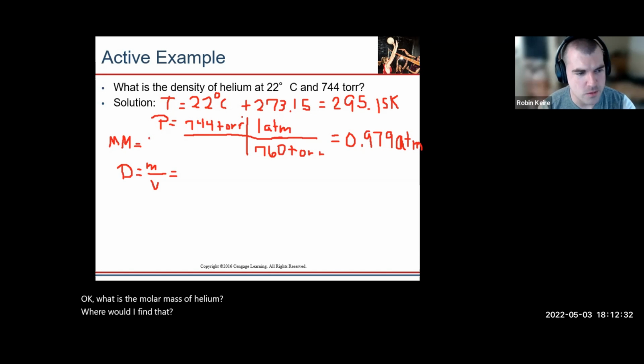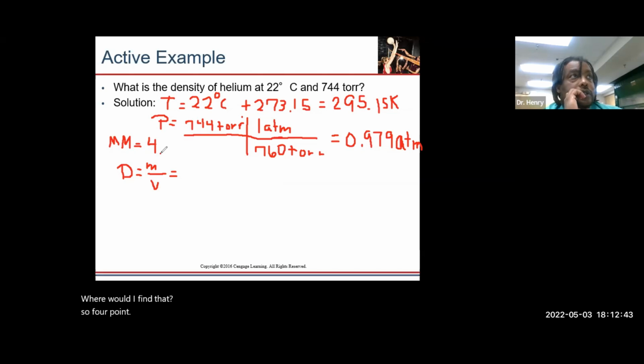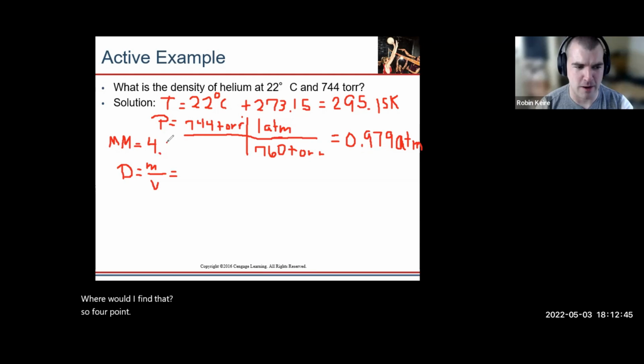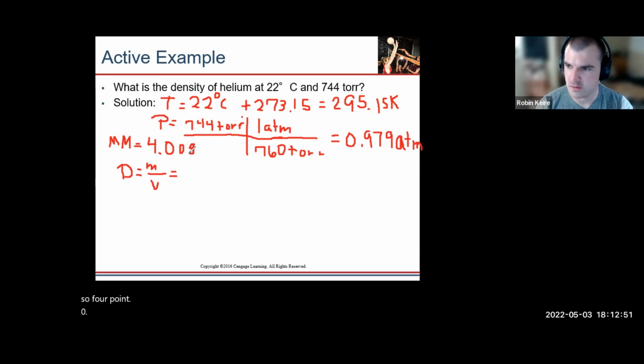The periodic table. It's 4.0026 grams per mole. If you wanted to round, 4.00 grams per mole.